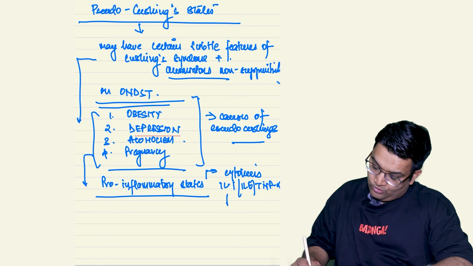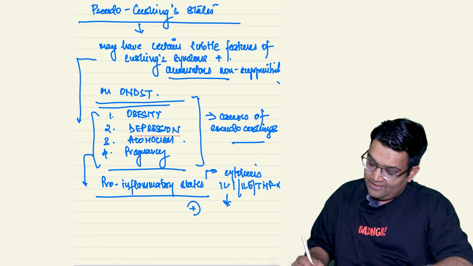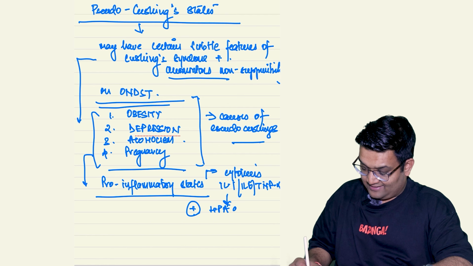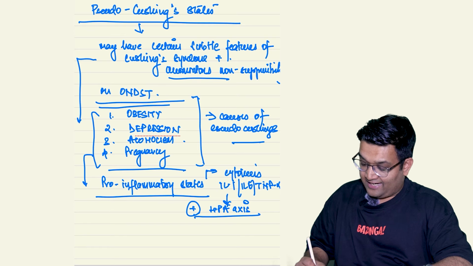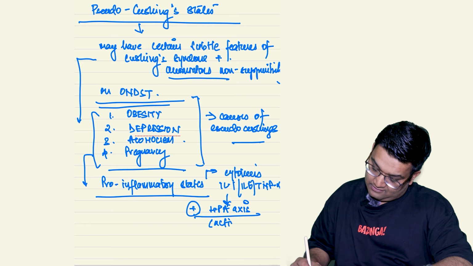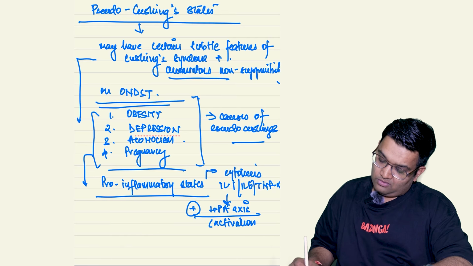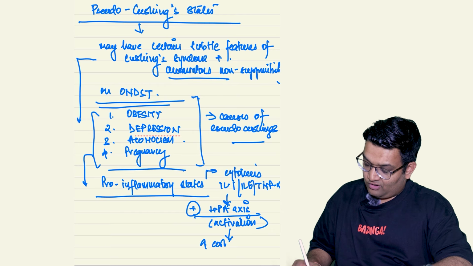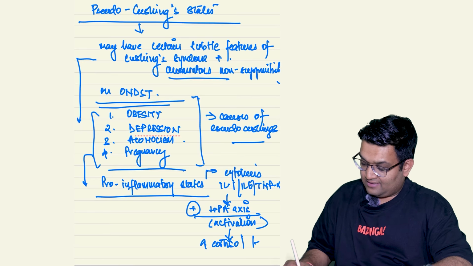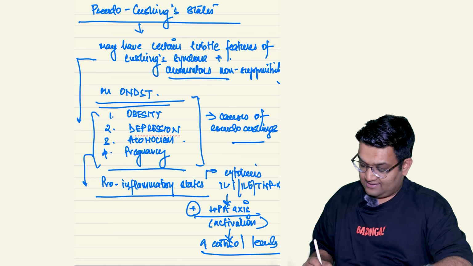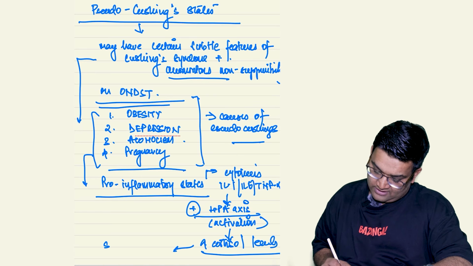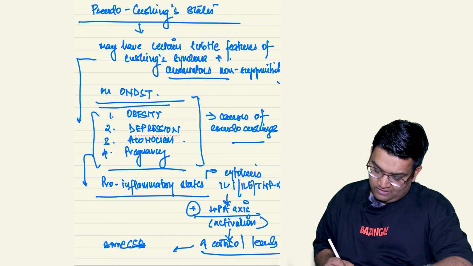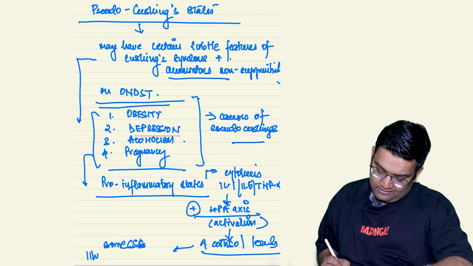And what they are going to do is they are going to positively impact the hypothalamic pituitary adrenal axis. This activation will lead to certain increase in the cortisol levels, and this can lead to some Cushing syndrome like features.